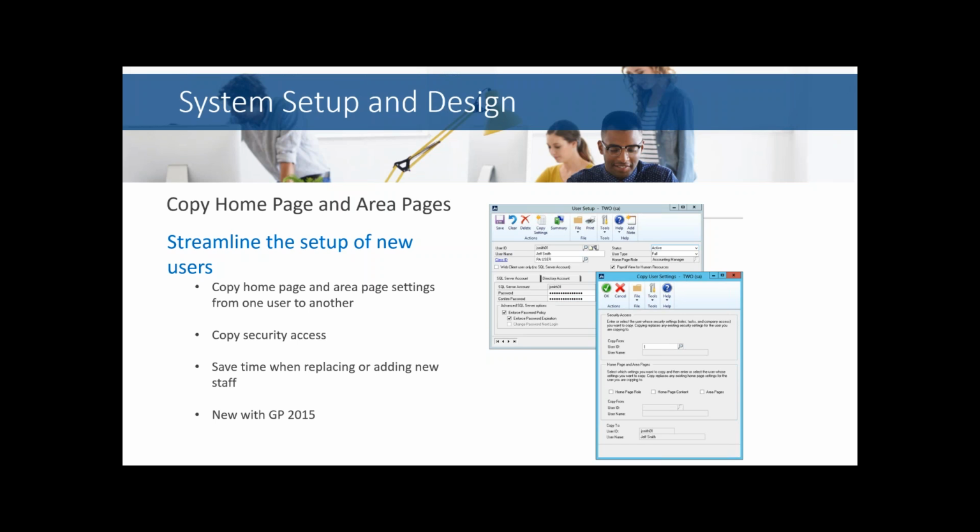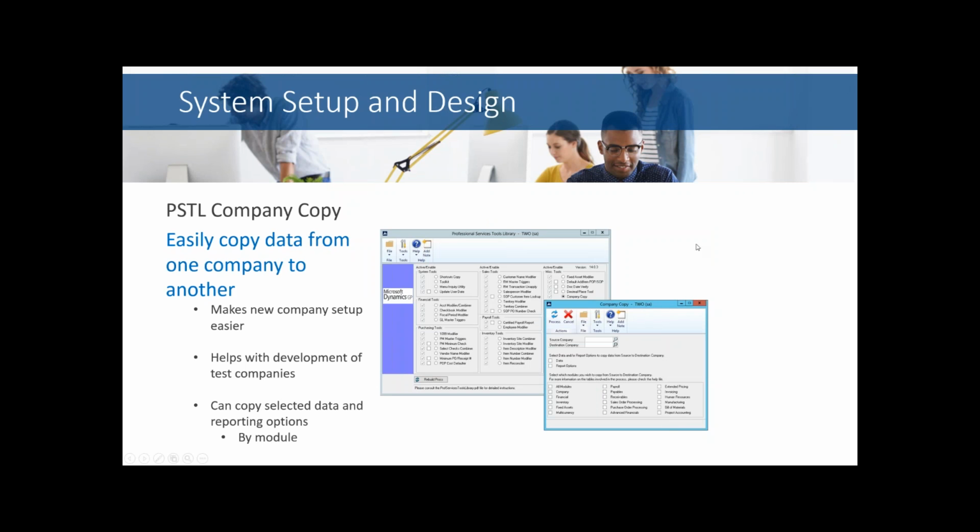So the idea is that if you add a new user, you can copy the settings from an existing user. As an example, if you hire a new person to handle your accounts payable functions, and this is a second or a fifth or 10th person that does that job, then you can actually copy all the security and the look and feel homepage settings that the other users have, saving you a significant amount of time.